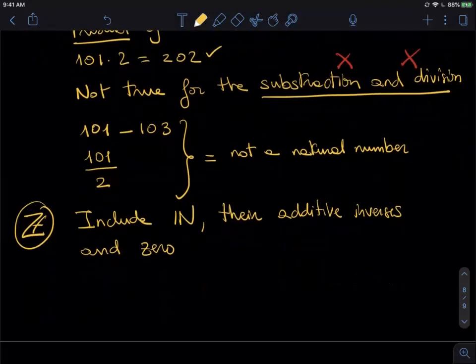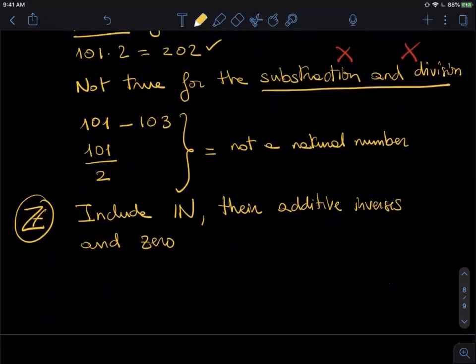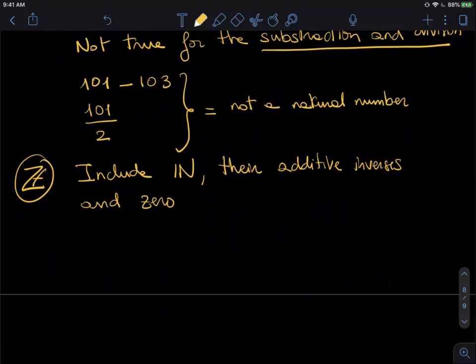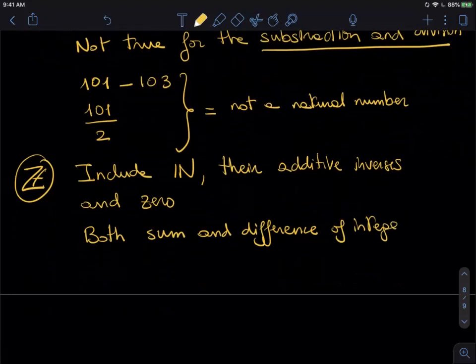These are important, and we will get more in detail with these things later on. But for now, what is important here is that both the sum and the difference of integer numbers are an integer number.